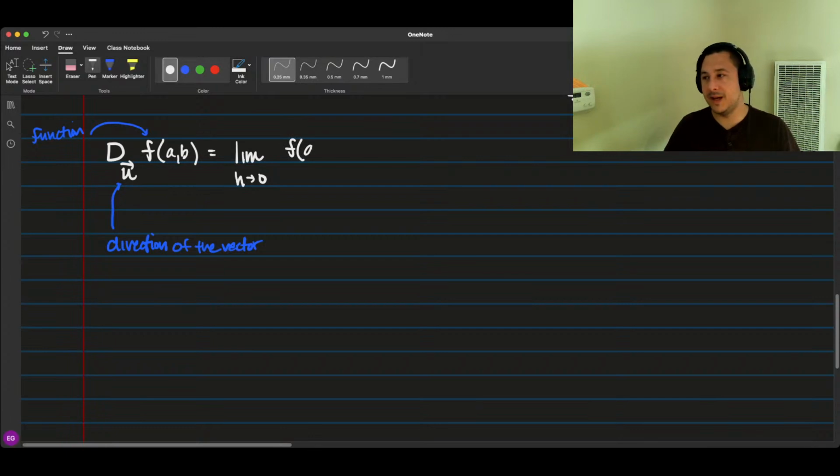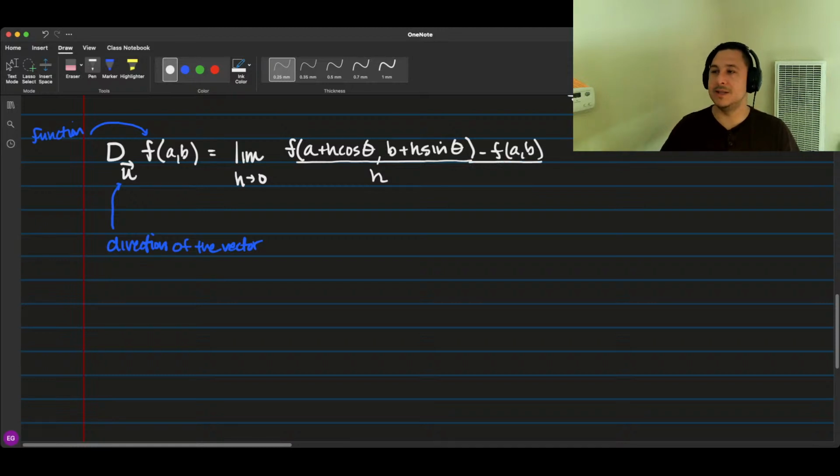So f of (a plus h cosine theta, comma, b plus h sine theta), all over h. Oh, I forgot minus f of (a, b). And now my h is not in the middle. Whatever. No big deal. Part of me dies a little, though.